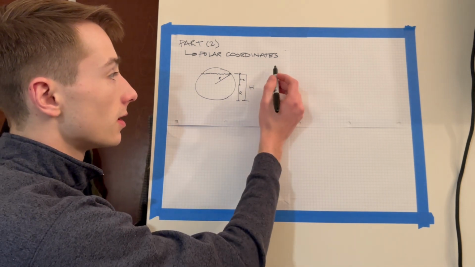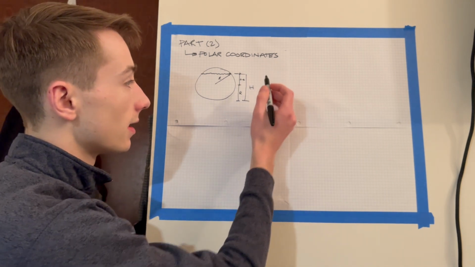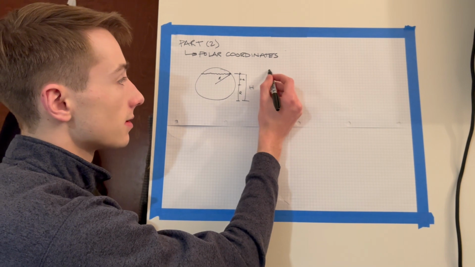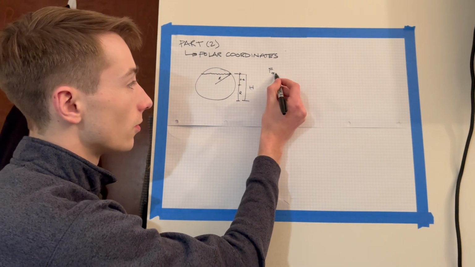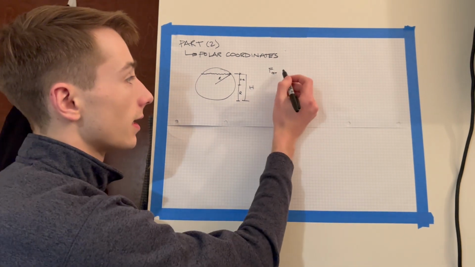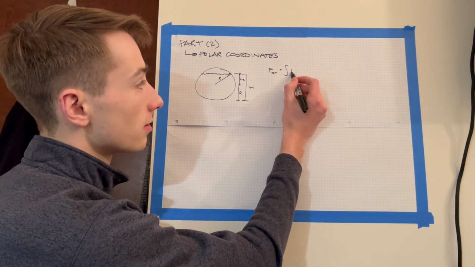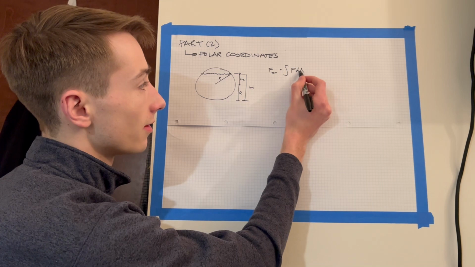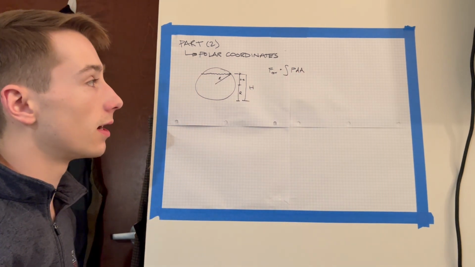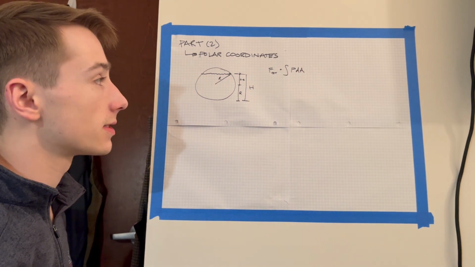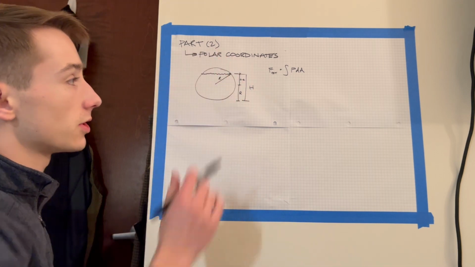Just like before, we're going to need an expression to represent the total force. That's what we're trying to find. And just like before, we're going to integrate pressure times a differential unit of area to get those differential force units accumulated over the entire region here.